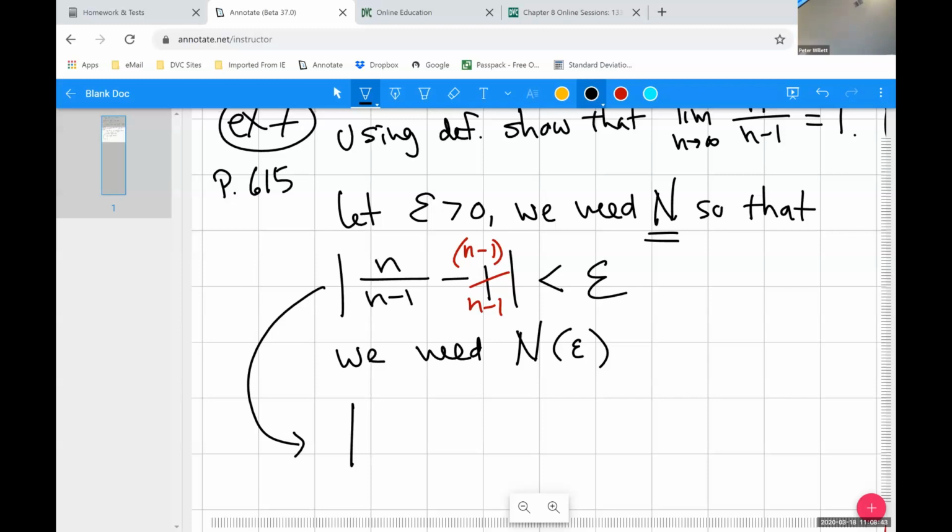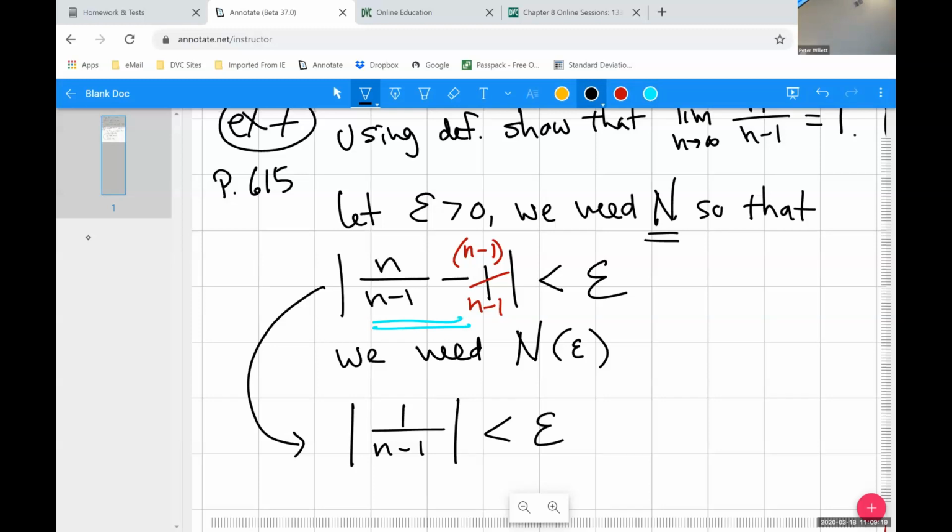On the top, let's see, n minus 1 minus n would be a 1, because that's n minus n plus 1. And then on the bottom, we have the common denominator of n minus 1. And we need this to be less than epsilon. So I'm simplifying what's in here to make it something I can work with more easily.